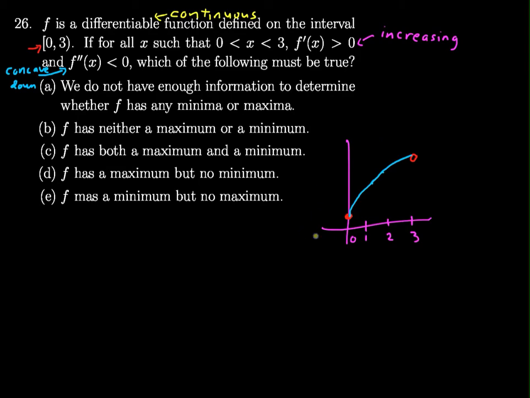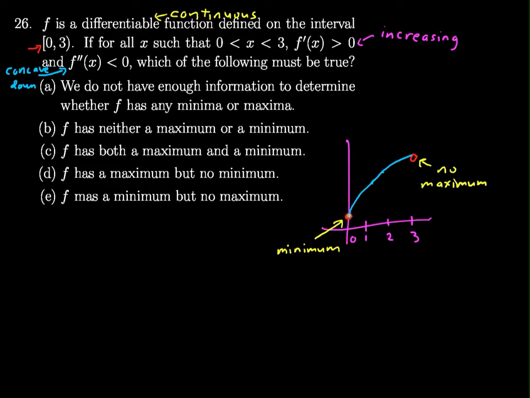And if we look right here, we have a minimum but we have no maximum. The issue is we're always increasing and we include the left point.